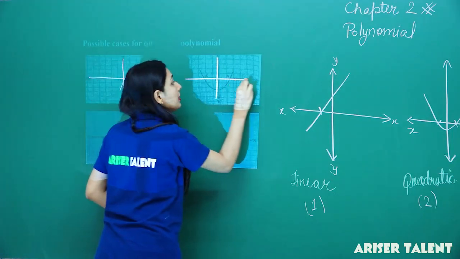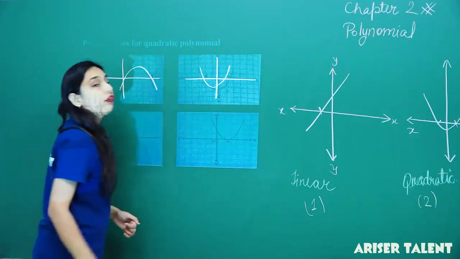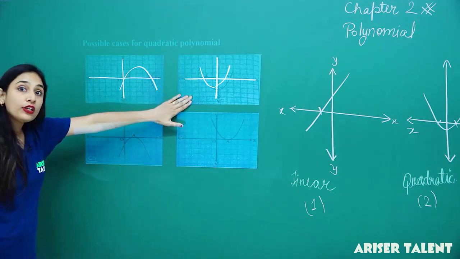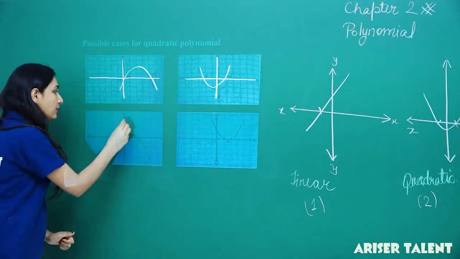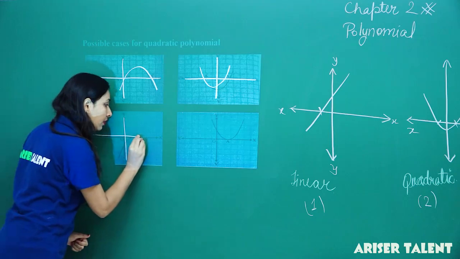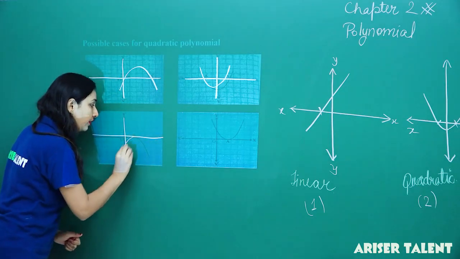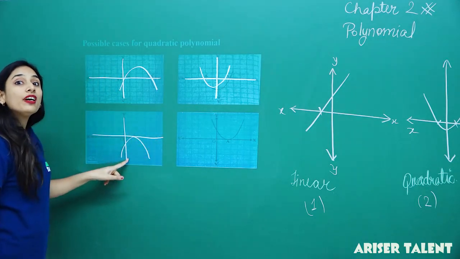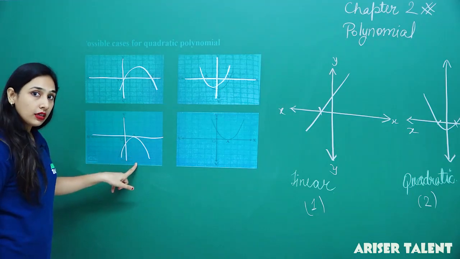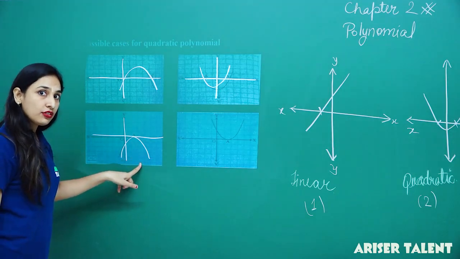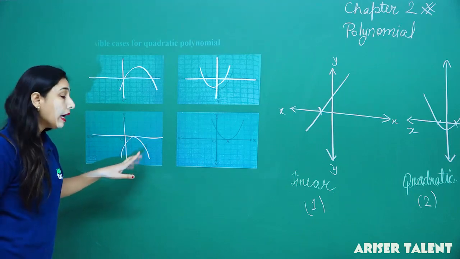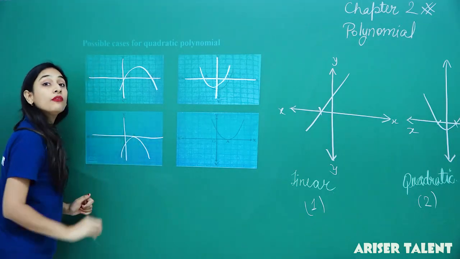This condition can be for upward too. Now the next one: what if the parabola touches only one point? This graph is from a quadratic polynomial, but it's touching only one point.